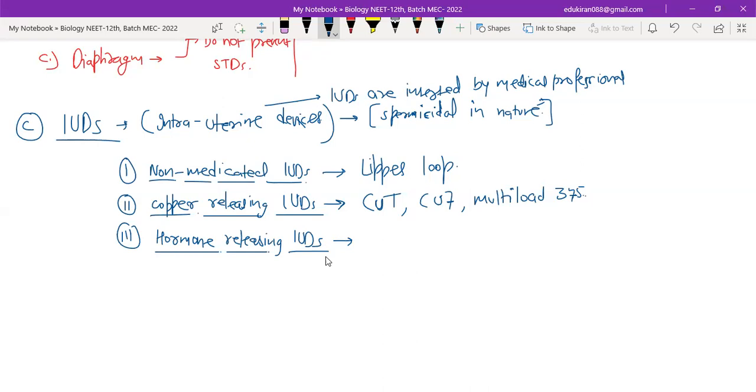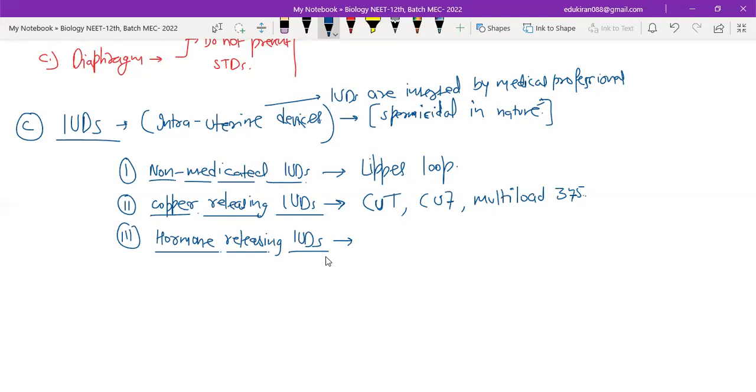They suppress the motility and viability of the sperms. And write down for hormone releasing IUDs, they increase phagocytosis. What is phagocytosis of sperms? White blood cells eat any foreign particle that enters our body, right? There are macrophages and white blood cells, our immune cells. They actively keep hunting for any pathogen or any foreign particle and engulf it. That's called phagocytosis, right?